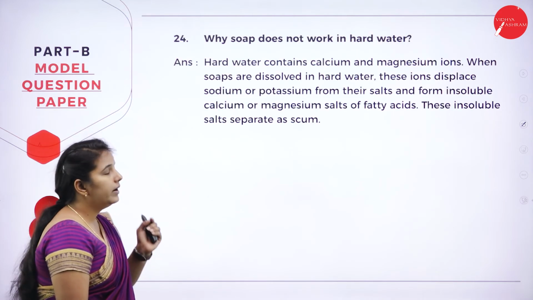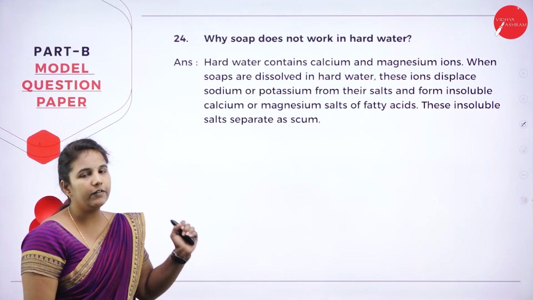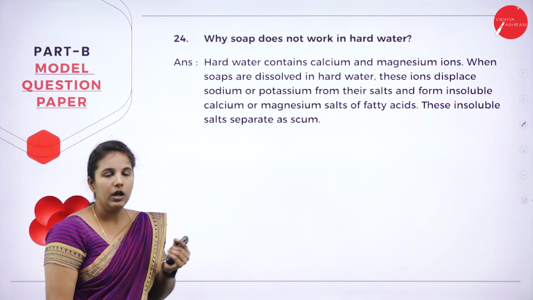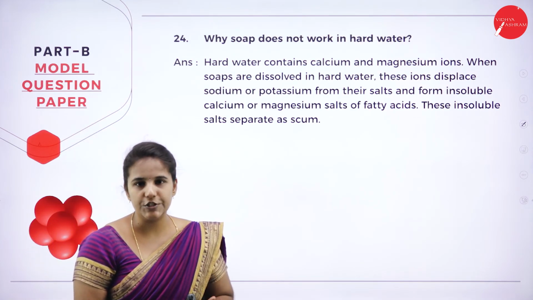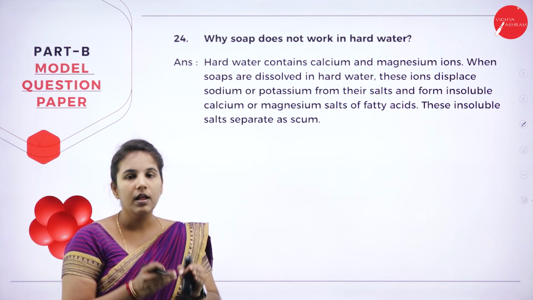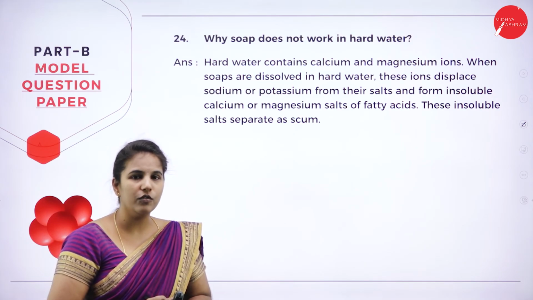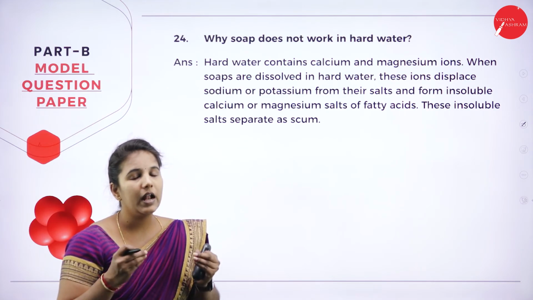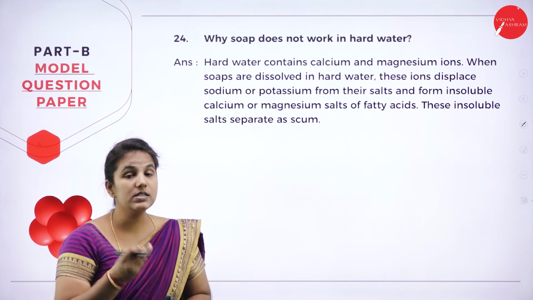Why does soap not work in hard water? So here we need to give a reason why the soap is not working with hard water. We generally know that hard water consists of calcium and magnesium ions. When you dissolve the soap in that hard water, these calcium and magnesium ions go and combine with the salts of carboxylic acid found in the soap, and form an insoluble precipitate known as scum.